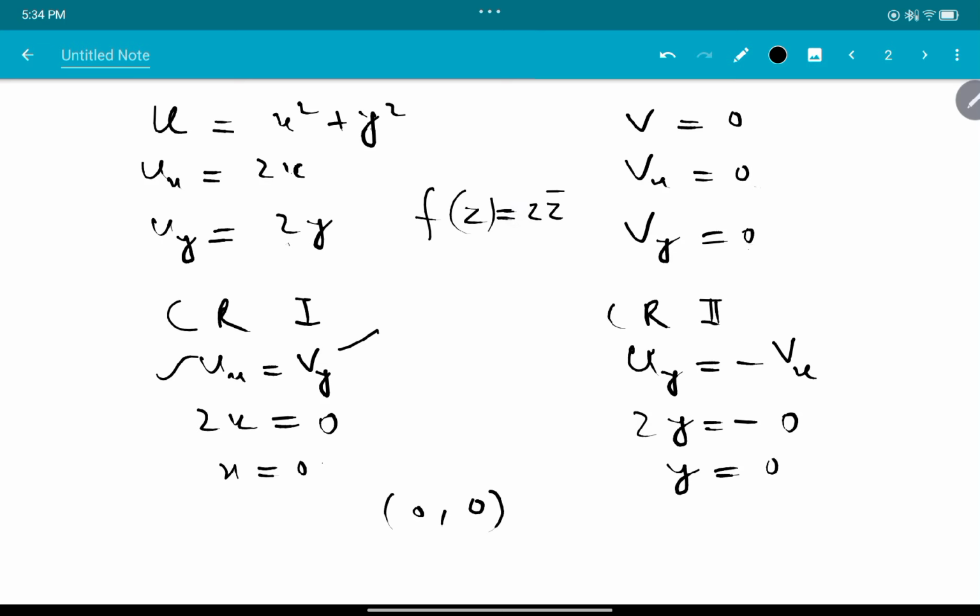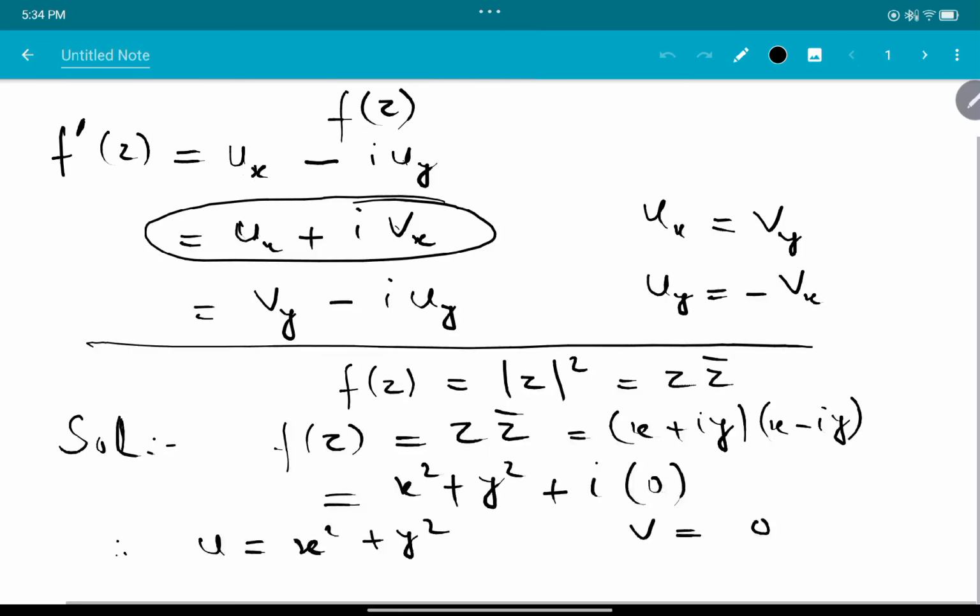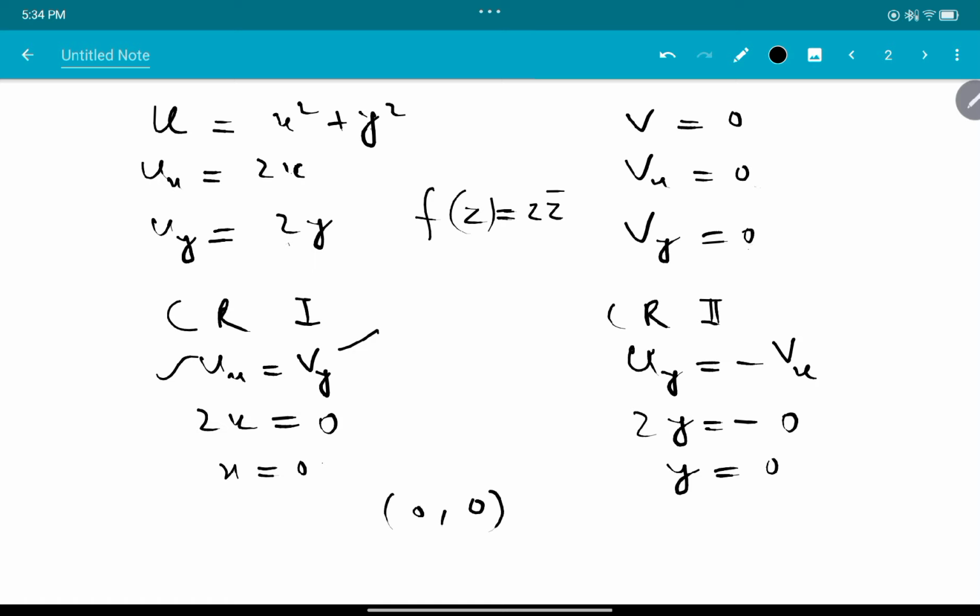That was our f(z), and then we reached here. This was equal to this, and then lastly we were here, and what we found was that the CR equations are obeyed only at the origin, even though all the partial derivatives are continuous.